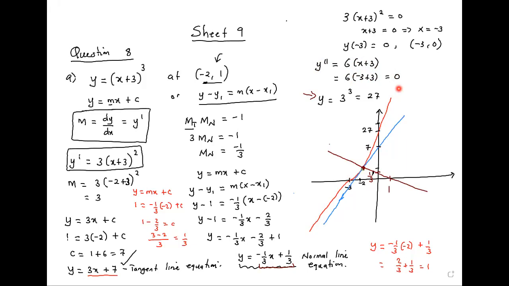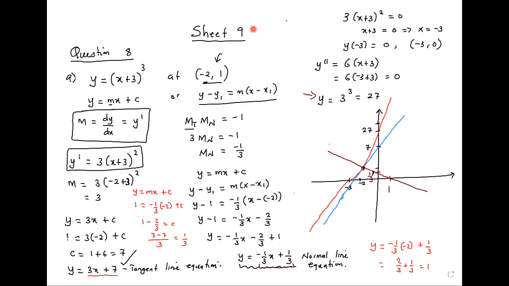You can use the first derivative test to determine the sign around -3, before and after. Because it is squared outside, we have (x plus 3) squared, so any value you take there, the output would be positive. So it's increasing both before -3 and after -3. That's why the sketch in red looks like that.